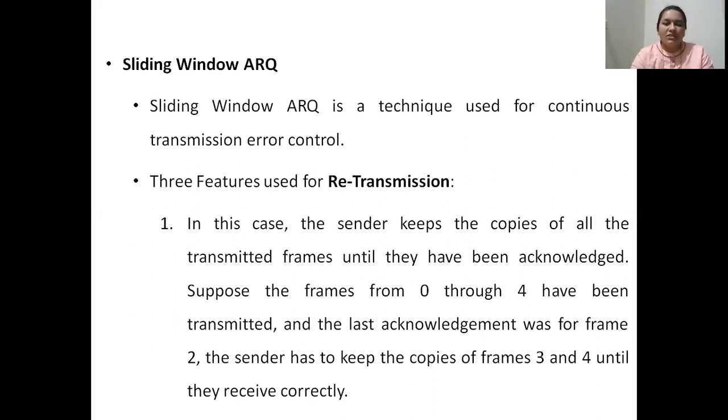Such a method is called continuous transmission, where multiple frames are sent and one acknowledgement will acknowledge all of those frames. In such methods, the sliding window ARQ protocol is very helpful.